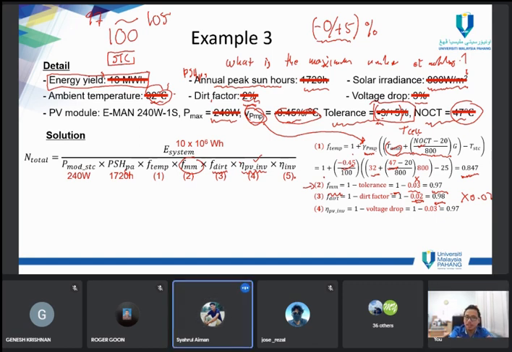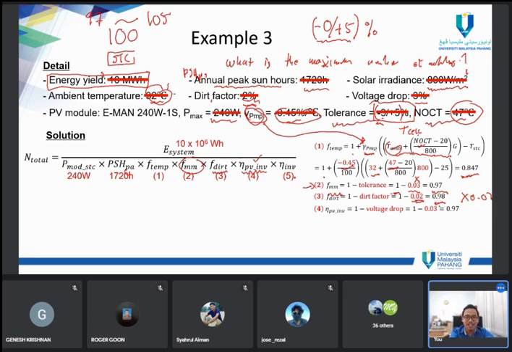Usually you get it from the inverter. The answer is, I'm not giving you the value of the inverter efficiency here. It's not included here.